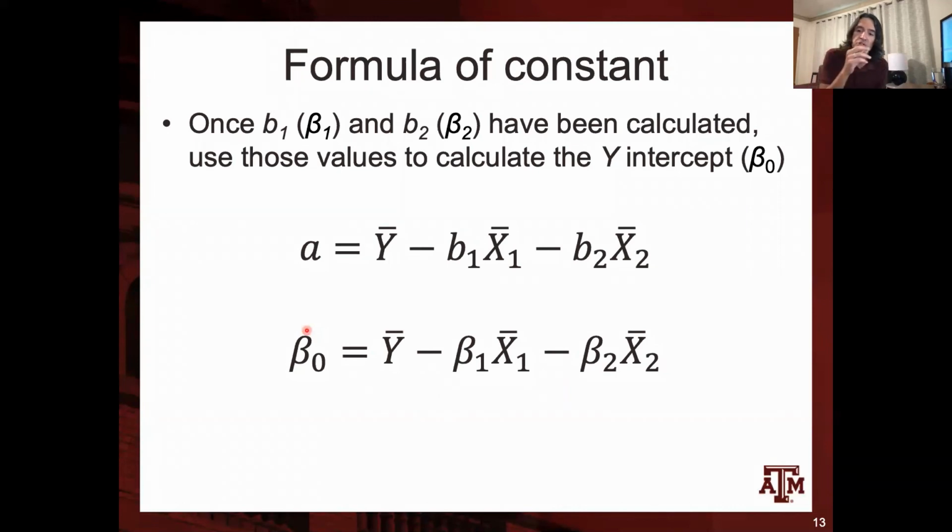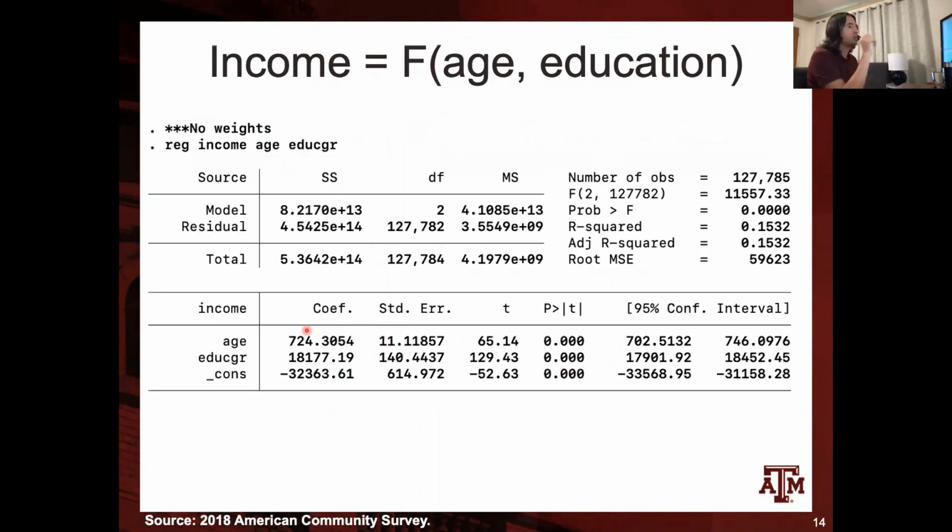Do we have to remember these formulas? No, we have to understand the logic, and it's more important to understand the interpretation. So here, one example. In this example, I don't have experience in the labor market in the ACS, the American Community Survey, so I use age.